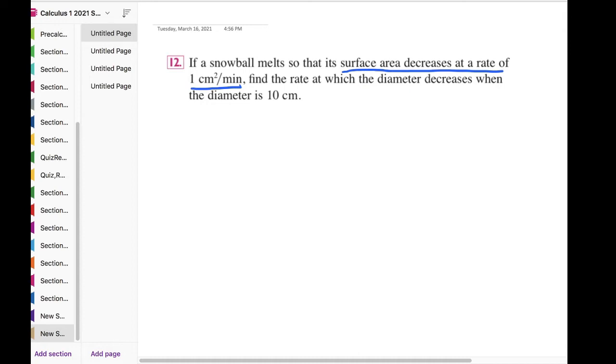Yeah. So this sentence just means this is the derivative of some function of surface area, and we know this is fixed at a rate of 1 centimeter squared per minute, right? Just based on that sentence alone, we can come to that conclusion.